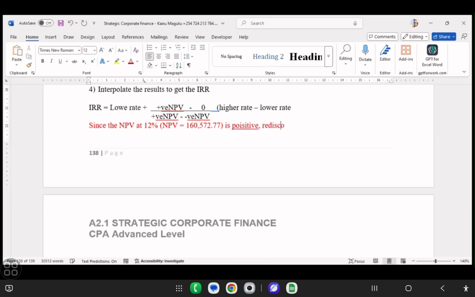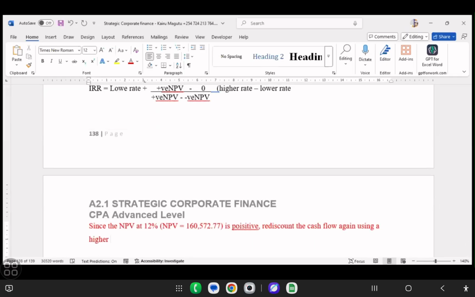rediscount the cash flows again using a higher trial discounting rate, to get a negative NPV.